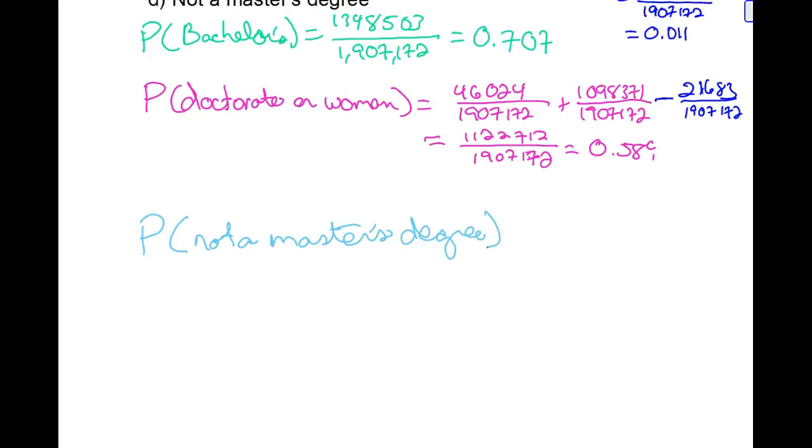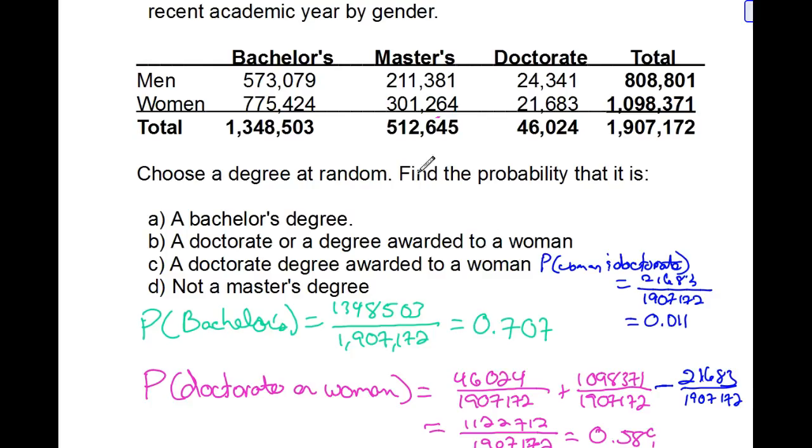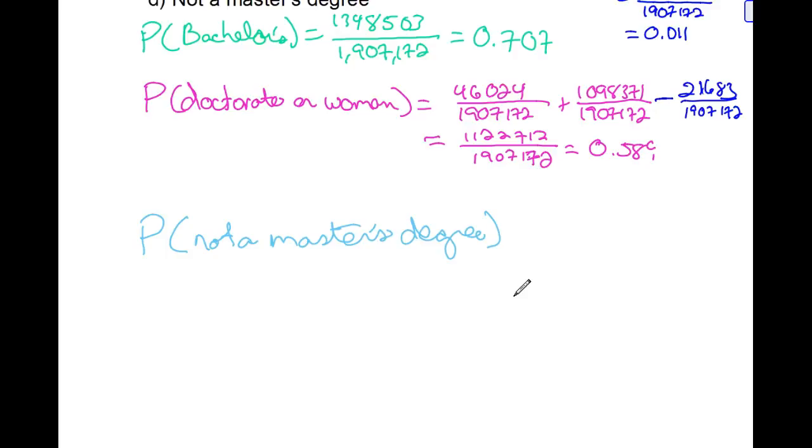One way is to add up everything except for the master's degree. So we could take the bachelor's degree plus the doctorate degree. Or if we don't want a master's degree, we can take 1 minus the probability of it being a master's degree.